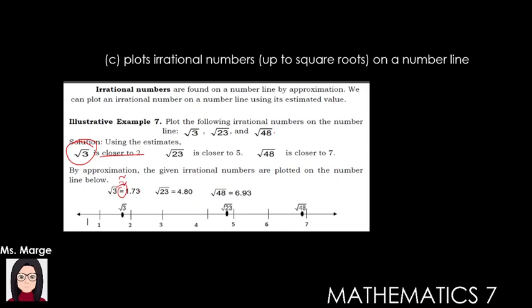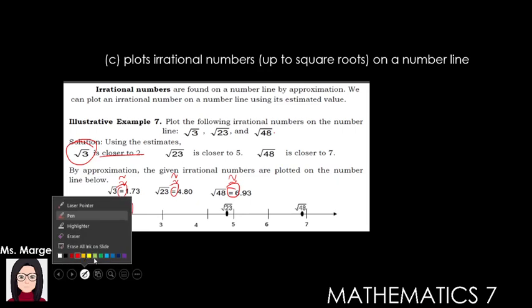So dapat square root of 3 is approximately equal to 1.73. Ganun din dito: square root of 23 is approximately equal to 4.80, and square root of 48 is approximately equal to 6.93. Dapat hindi equal sign yung ginagamit dito. And kung mapapansin nyo yung pwesto ng square root of 3, closer sa 2.